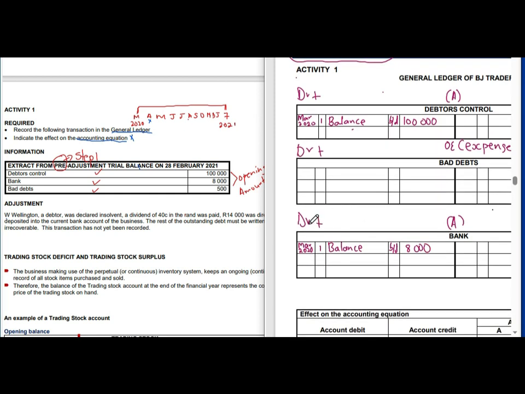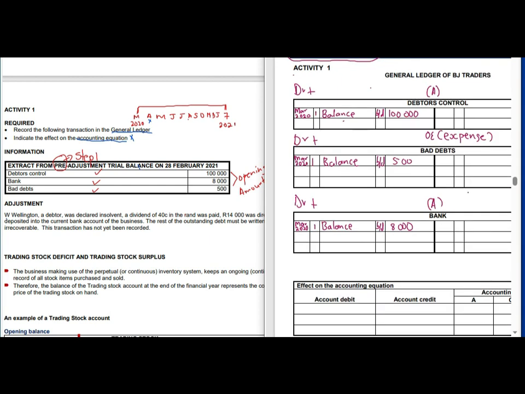And then we have bad debt, which is an expense account, and all expenses increase under our debit side. We write March 2020, the 1st, balance brought down of 500.